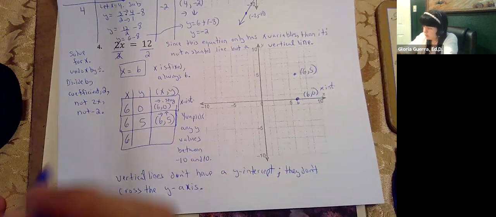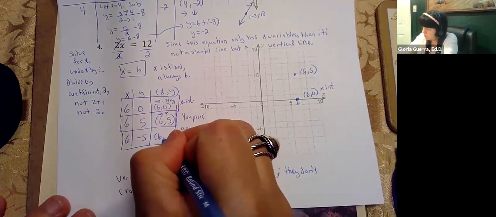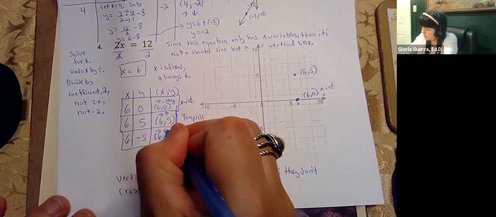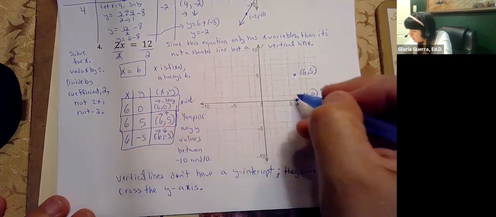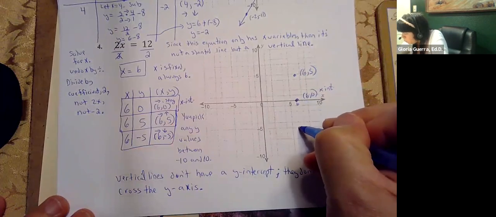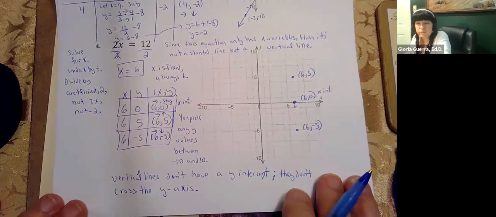And then we have 6, -5. So you go to the right, then you go down. 6, -5.